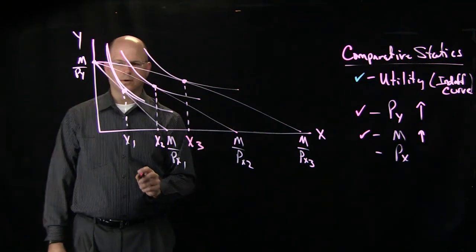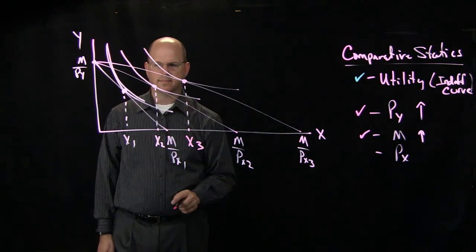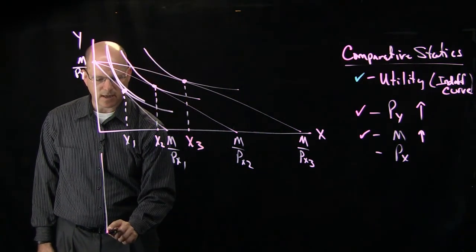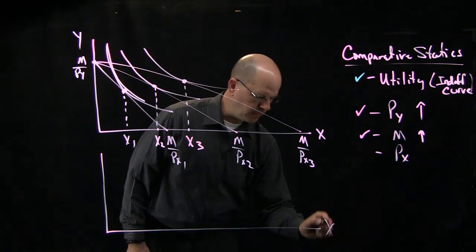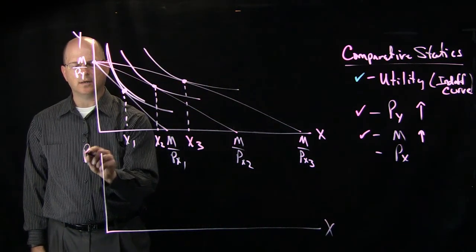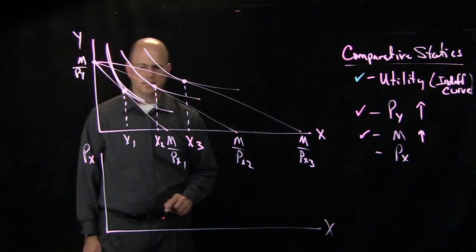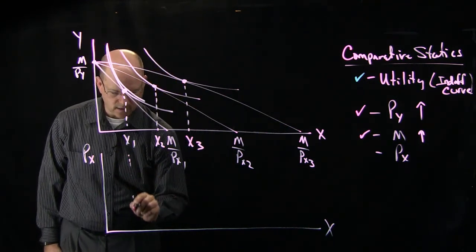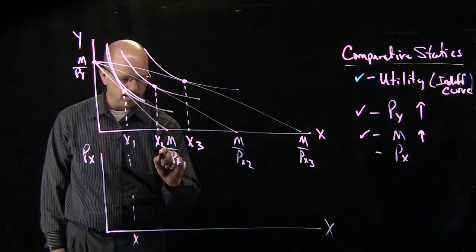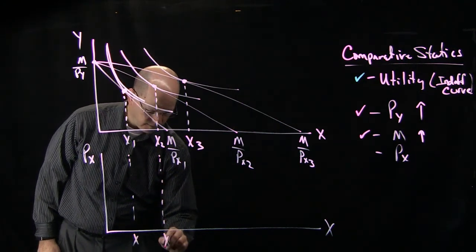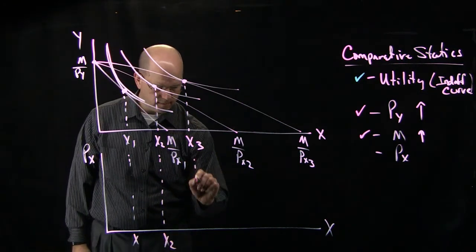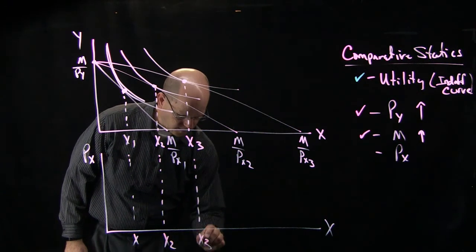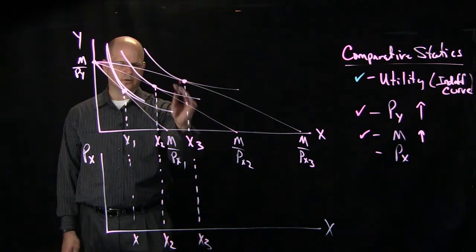Now, let's go one step further on this. And let's mark down here, again, good X, but let's put the price of X on the vertical axis. And we're going to map out X1, X2, and X3, just dropping those down.